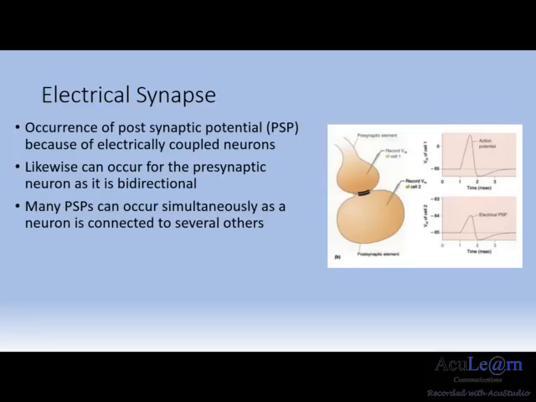So when the postsynaptic neuron generates an action potential, a PSP is also generated on the presynaptic neuron. As a neuron usually synapses onto several other neurons, several PSPs occurring simultaneously can result in a very strong excitation for the neuron. This phenomenon is known as synaptic integration, and it will be touched upon later on in the video.